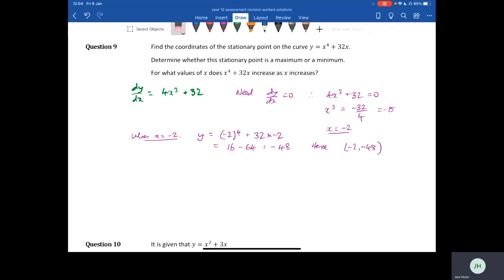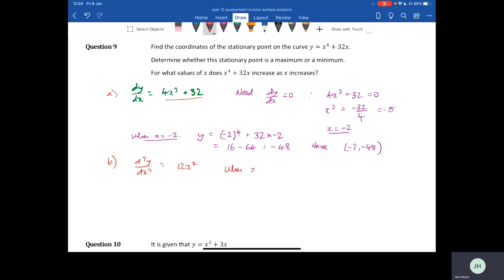So should I call that part A? This part B. I need to find d2y by dx squared. So if I look up to this here, I'm differentiating that again. 4 3s are 12. So it's just 12x squared.